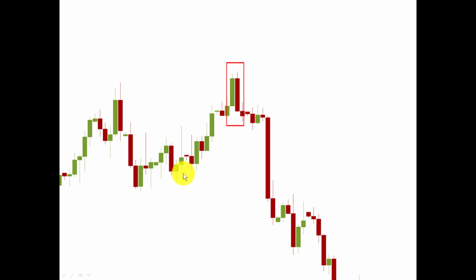You see this pattern is forming every now and then, but when it forms at some resistance, which I will show you in the next video, where I will give you 3, 4 or 5 examples of the bearish engulfing candlestick pattern and tell you how to trade this. I'll just give you a hint that you have to trade this. Okay, I'll tell you later how to trade this.